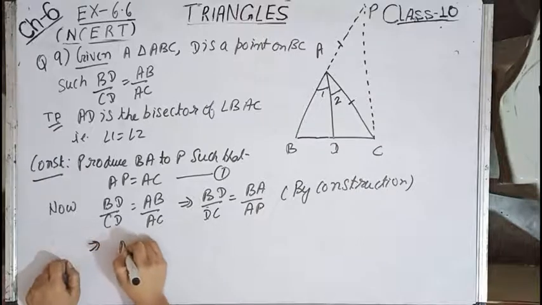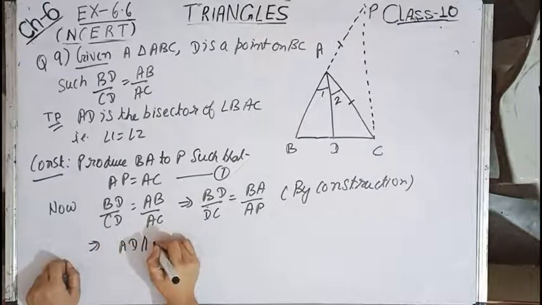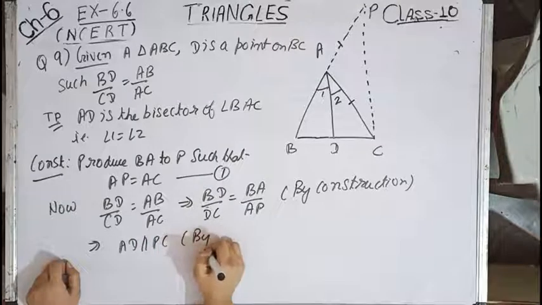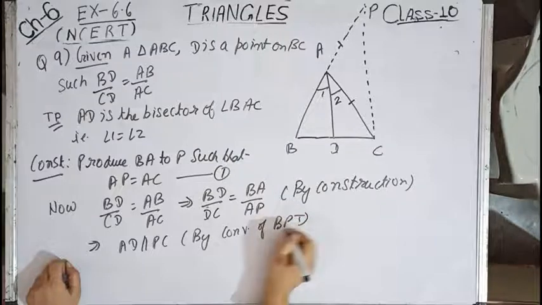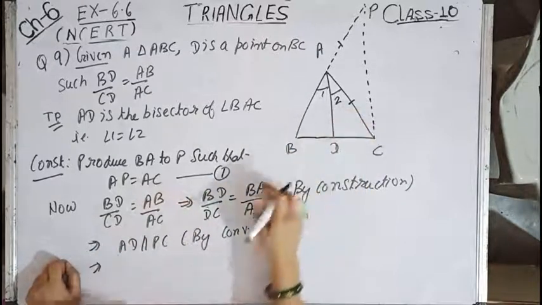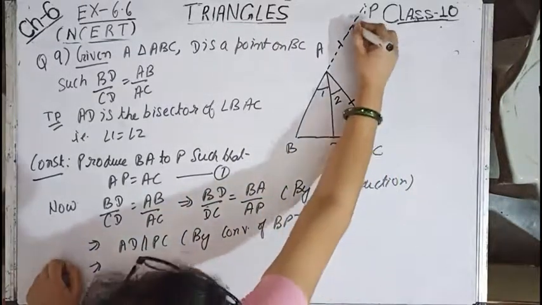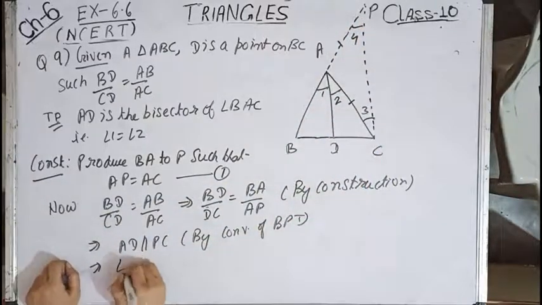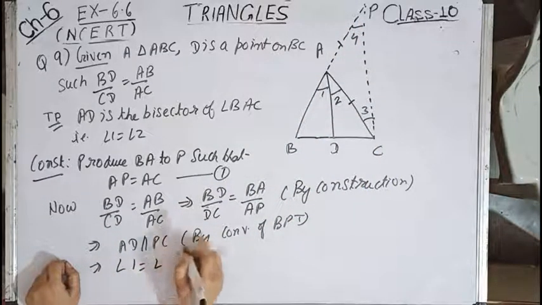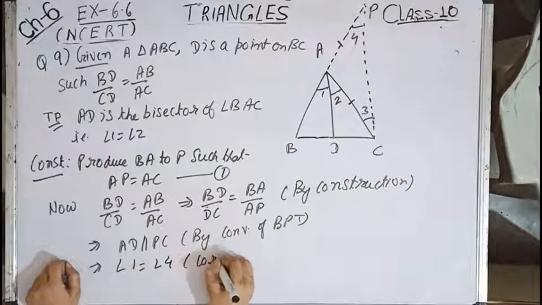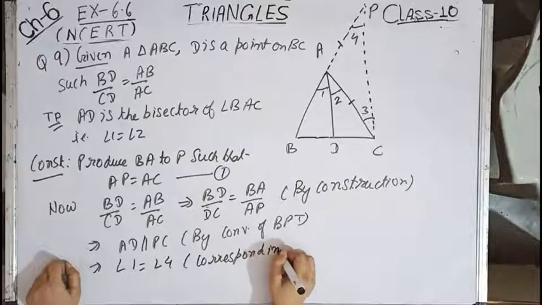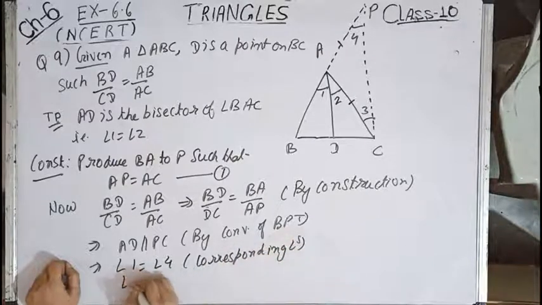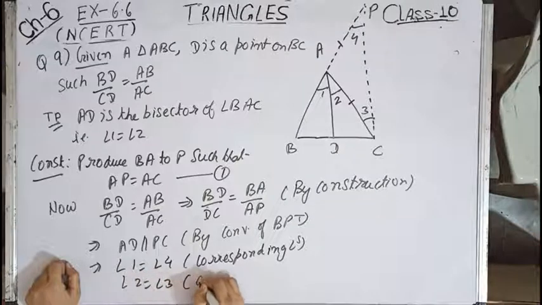This implies AD is parallel to PC by converse of BPT. Now if this is parallel to this, we can write angle 1 equals angle 4, corresponding angles, and angle 2 equals angle 3, alternate angles.